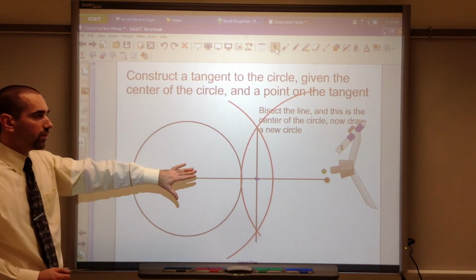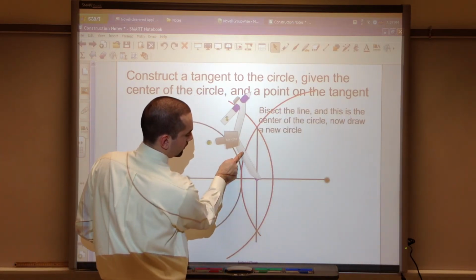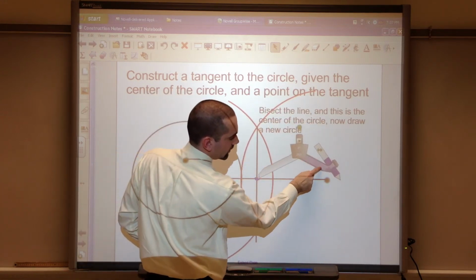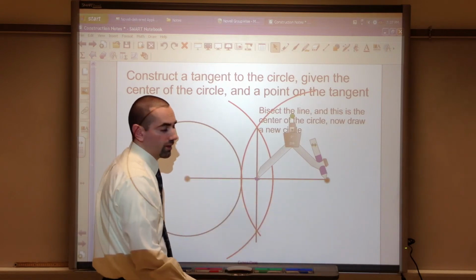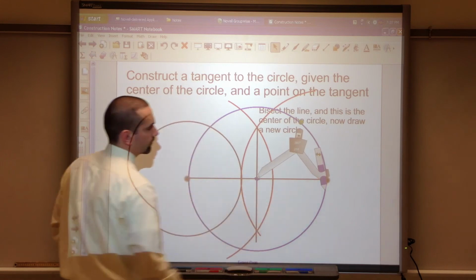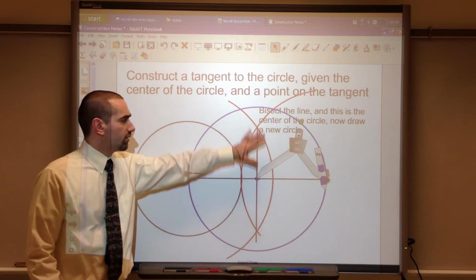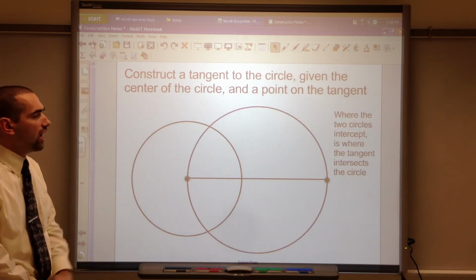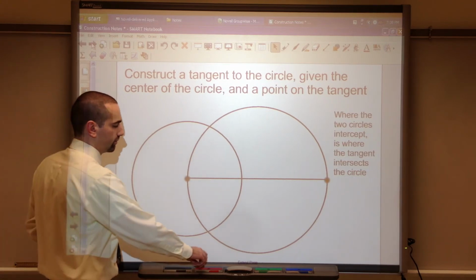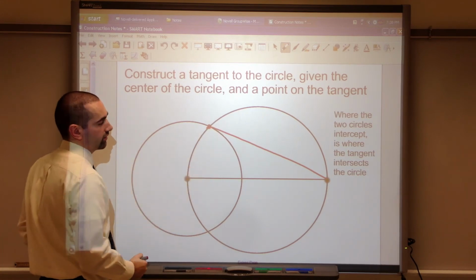So now we've got the center, we're going to draw a circle. So, center of the circle, I get this lined up with the end point, I make a circle. So that's my first step. I bisect, make the circle. Now, where the two circles intersect, that's my tangent.